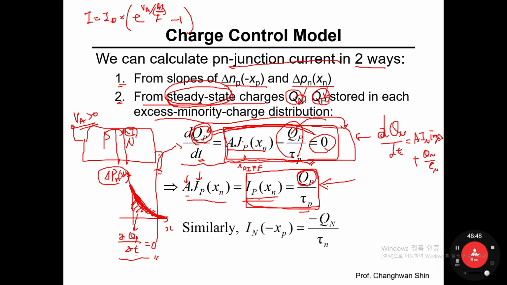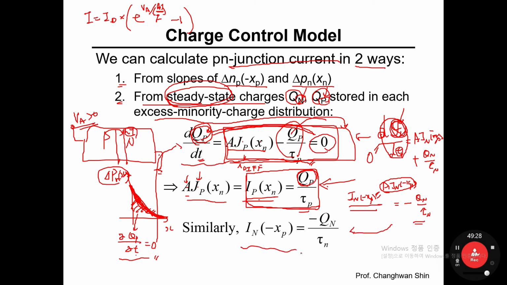Then under forward bias, the excess electron concentration in the p side is not affected by time, because now we are talking about forward bias at steady state. So A times Jn at minus xp is equal to, because this is 0, minus Qn over tau n. And this can be rewritten as In at minus xp. So In at minus xp is equal to minus Qn over tau n.